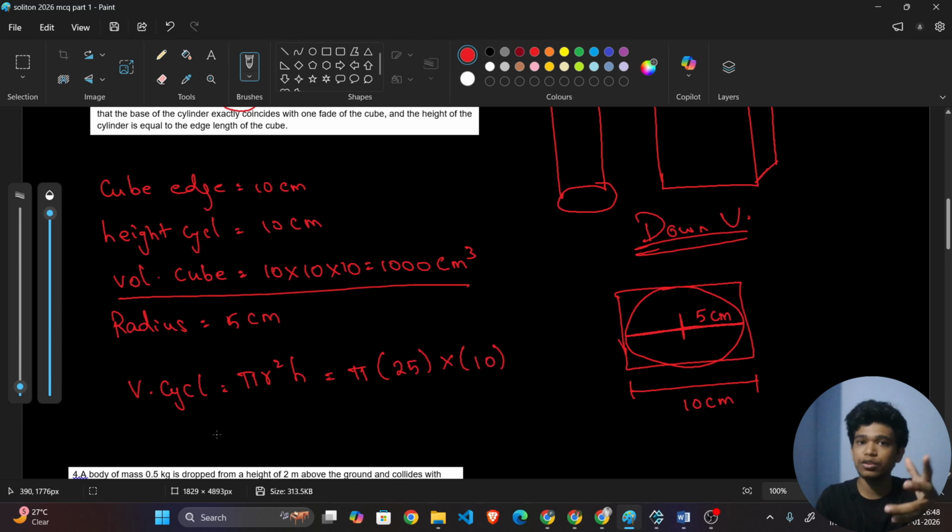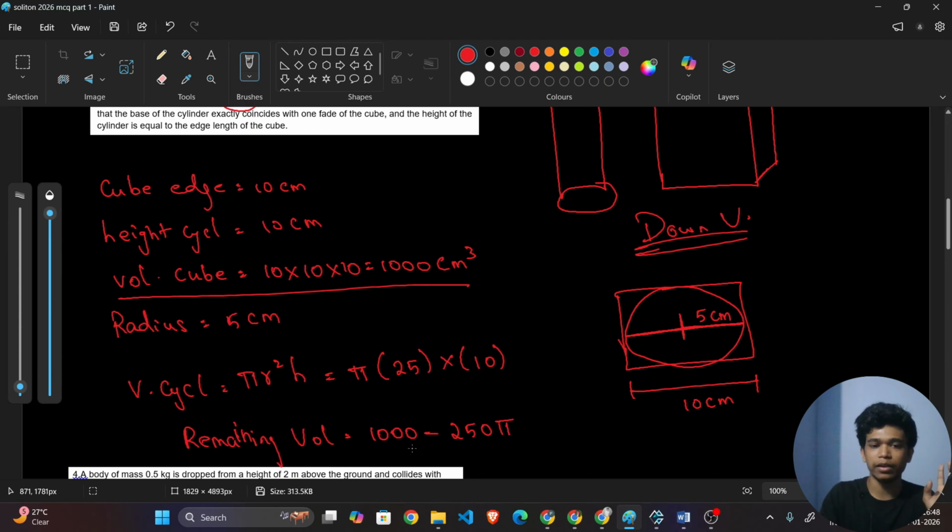So what is the remaining volume, except the cylinder inside the cube? Remaining volume is equal to 1000 minus the volume of the cylinder, which is 250 pi. So this is going to be your answer.